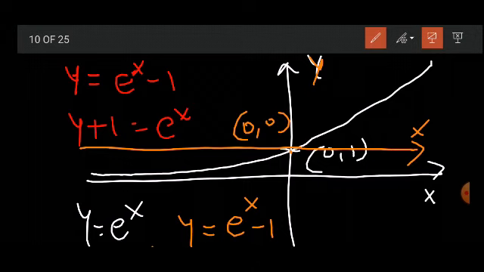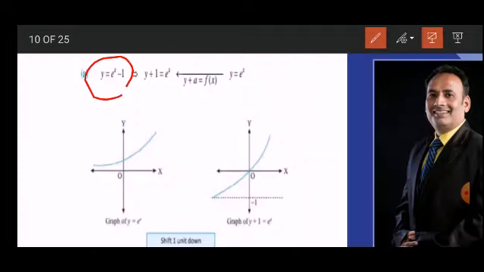Okay, fine. This is another way you can shift the graph downward also, like this. Here, this is the graph of y equal to e power x, and here we are shifting the graph downward. We have to shift the graph downward 1 unit, not more.